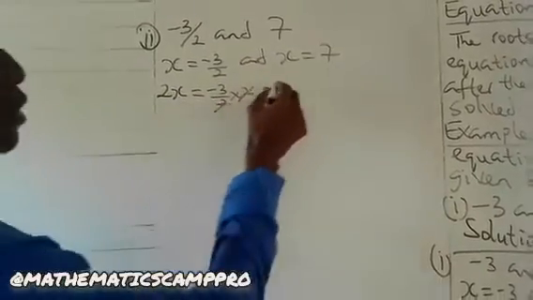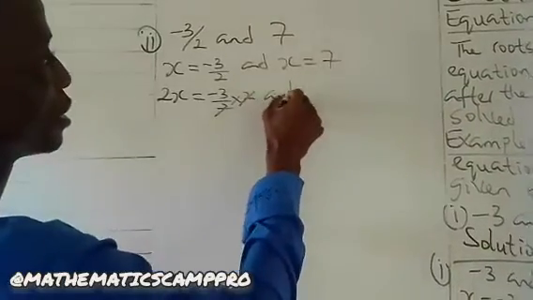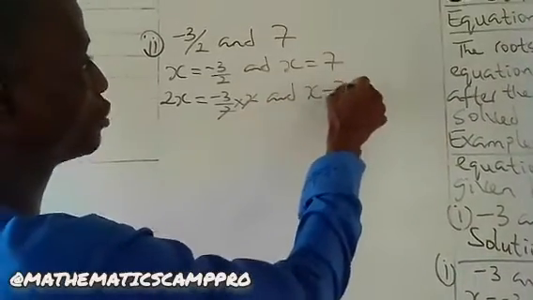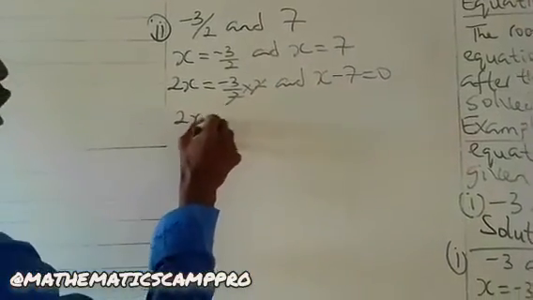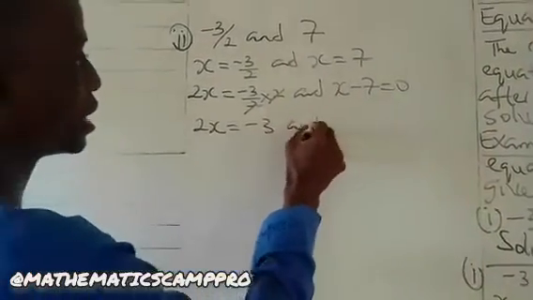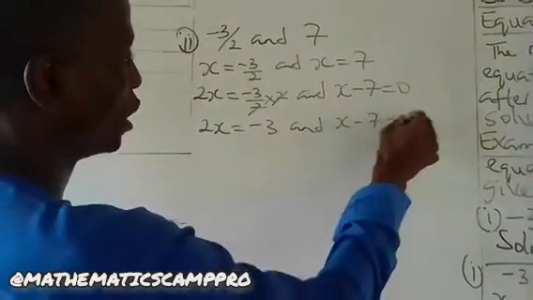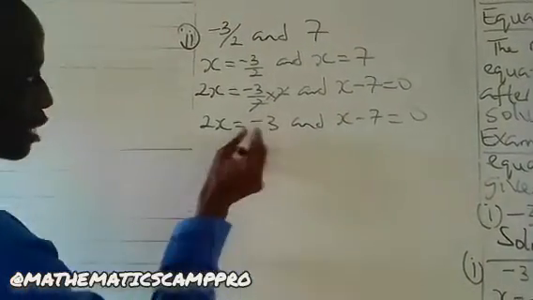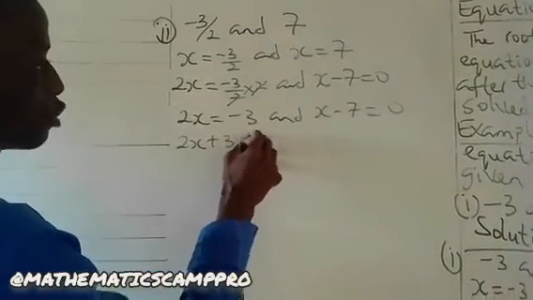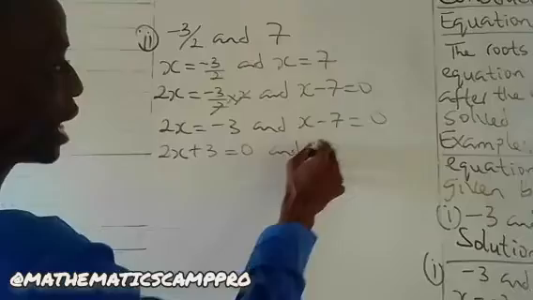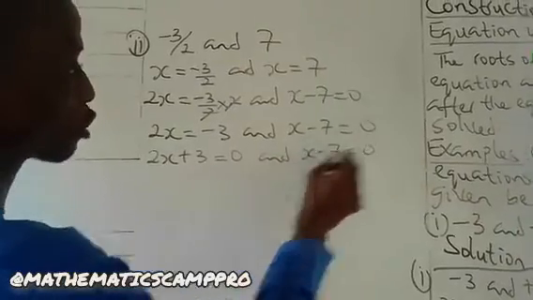We cancel 2. And x minus 7 equals 0. This is going to be 2x equals minus 3 and x minus 7 equals 0. This is going to be 2x plus 3 equals 0 and x minus 7 equals 0.